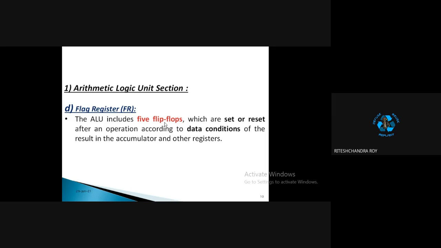Like it will have 5 one-bit flip-flops, so it will show 5 different kinds of flags. So the ALU will indicate and it will be stored in the flag register. Like if there is a carry in addition, then whatever data it gets from the accumulator, the ALU will perform the logic operation.